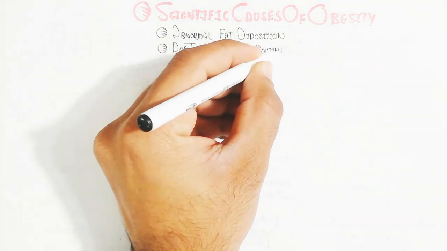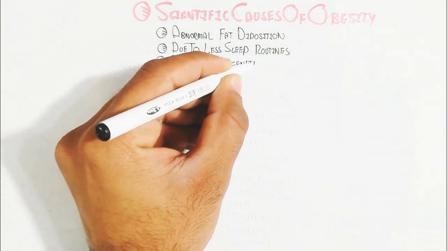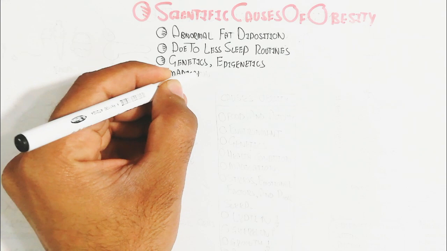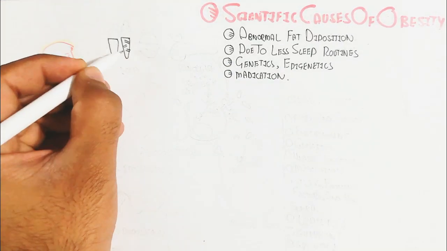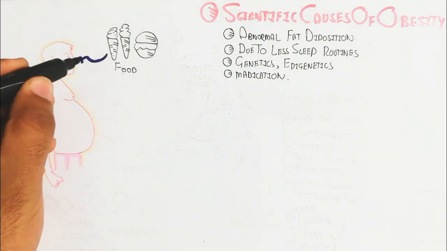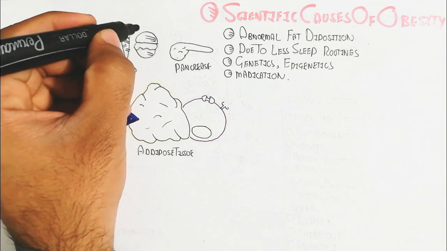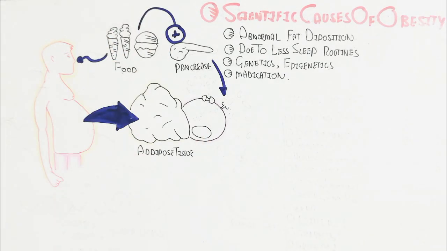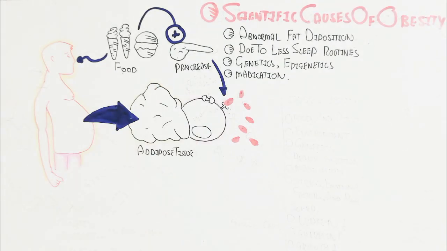Epigenetic means the environmental factors, like when we eat sugary food which is high in sugar but low in fiber. When a person takes in this food, it triggers the pancreas to produce insulin.